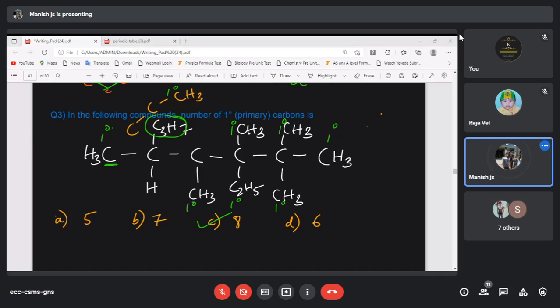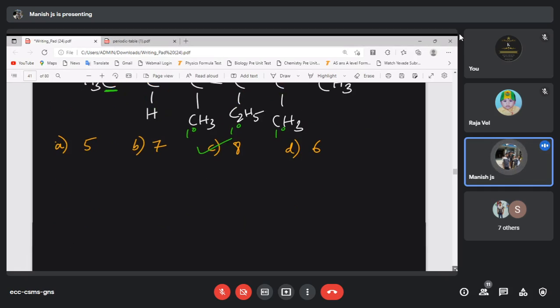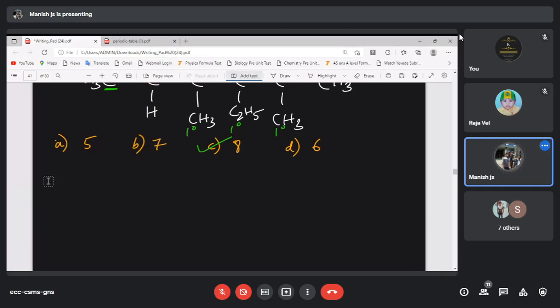Okay, I hope it is clear. This is how you have to identify the primary carbons. Next question, IUPAC naming. I trust you will do this. I have taught naming to everyone, so let me see who is getting this right. This is question 4. The IUPAC name for, I'll give you the structure. This is the structure.